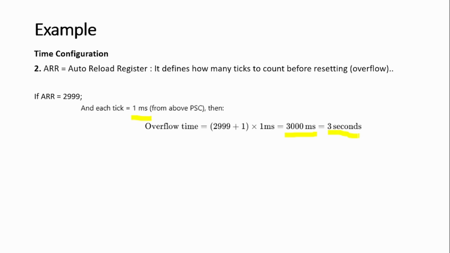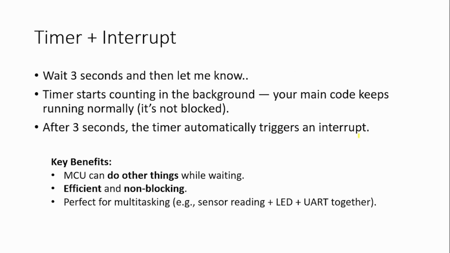So this is how you can configure the calculation. The advantage is that the microcontroller can do other things while waiting. It is efficient because it is non-blocking, and it is perfect for multitasking, because the timer starts counting in the background and your main code can keep running normally without any blockage. So these are the advantages of timer interrupt.